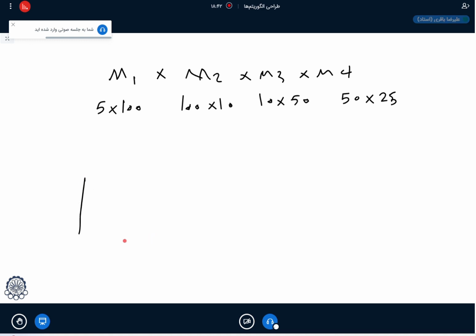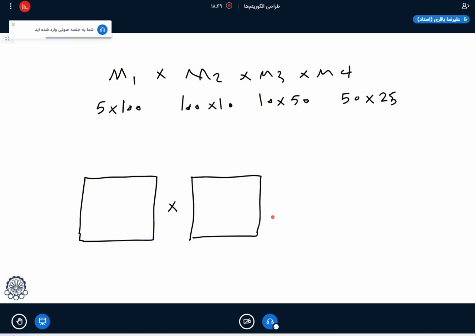If a matrix is multiplied by the other matrix, the result is another matrix. Suppose the first matrix is matrix A, which has P rows and Q columns.